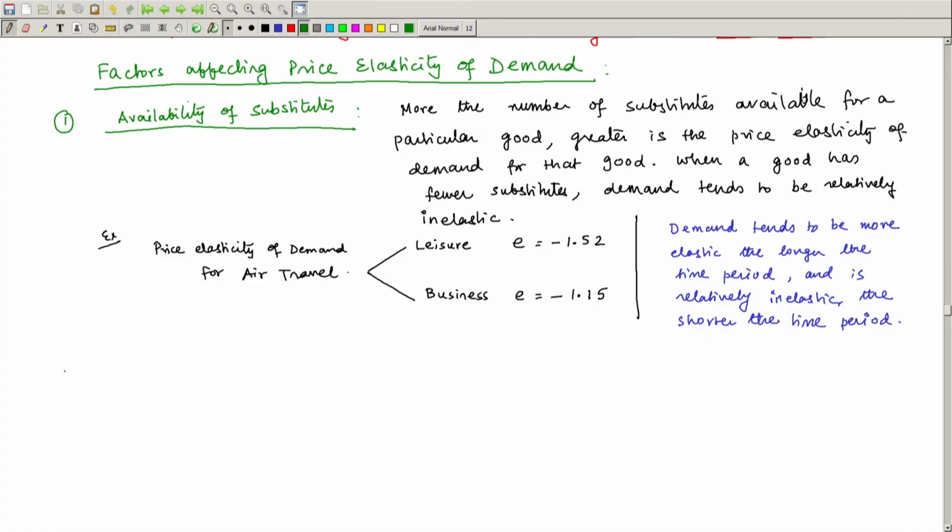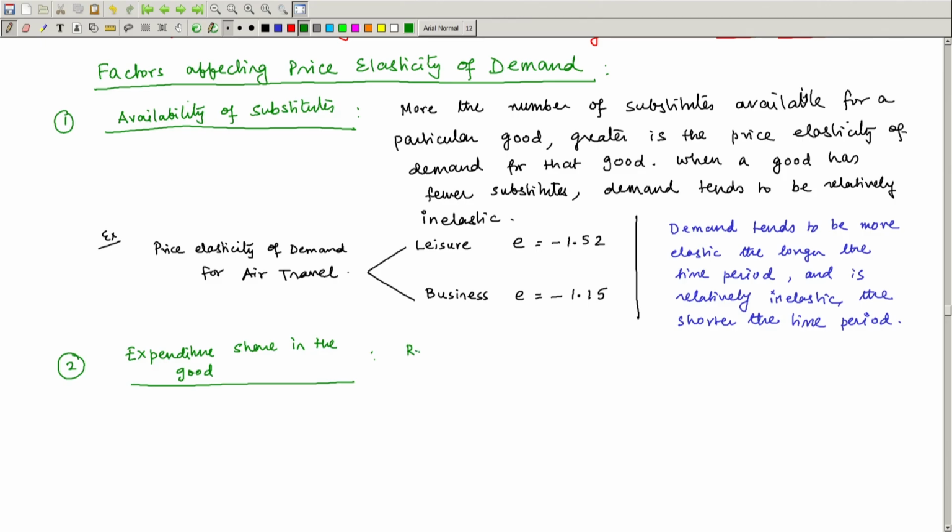The second factor which influences the price elasticity of demand is the expenditure share in the good. Right. So, think of two goods.